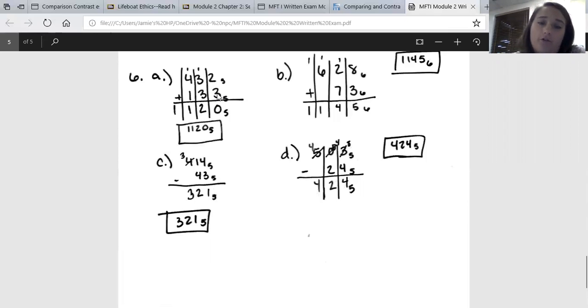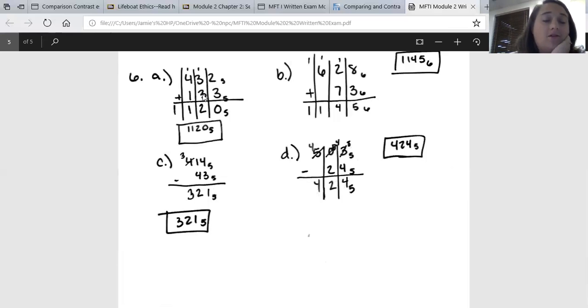So 2 plus 3 is 5, but we can't use 5, so we'll put a 0 in and we'll carry the 1. So that is 4 plus 3. We carry a 5, so that's 5. Is that right? I don't think I might have done that wrong. Oh no, 4 plus 3 is 7.